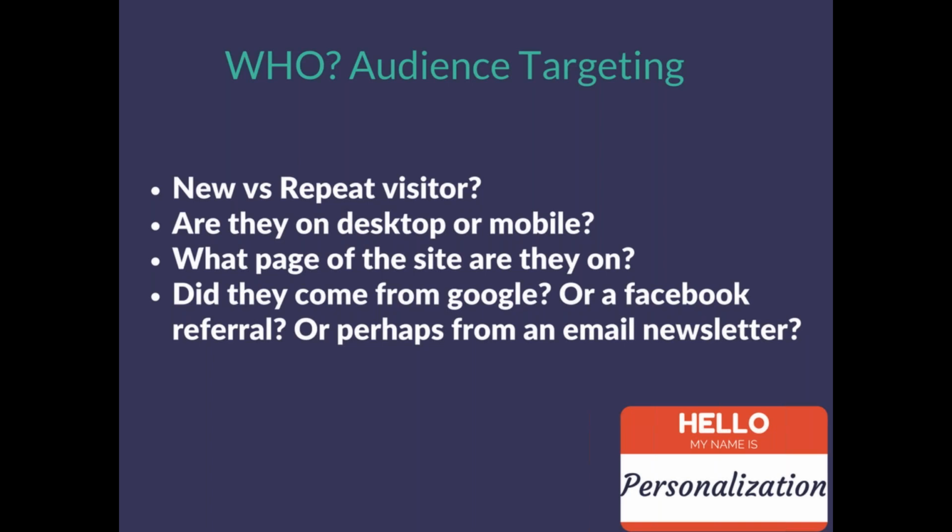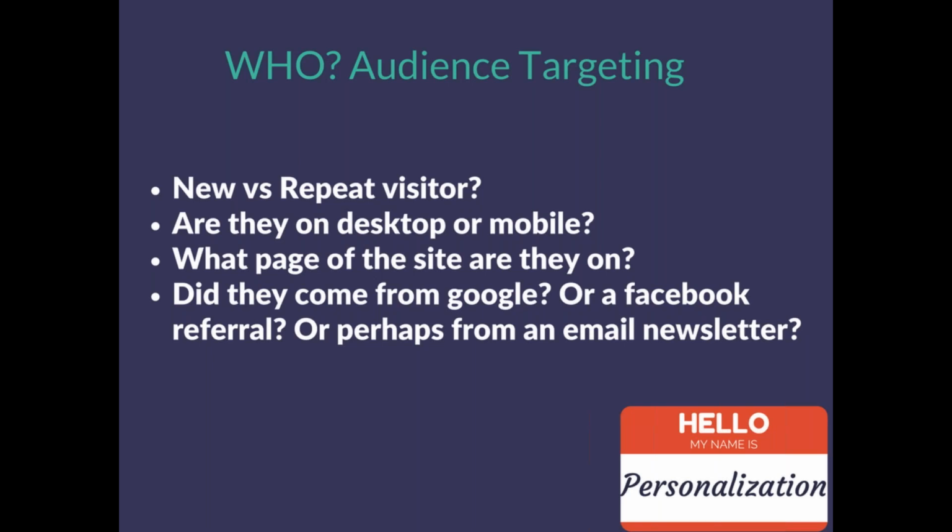Cool. Thanks, everyone. So when you think about who you're going to present an opt-in form to, we speak around the term audience targeting. There's a bunch of questions that you should be thinking about when you're targeting your forms. Things like, is this a new visitor to my site, or have they been here before? Are they on a desktop or mobile device? What page of my site are they looking at? Where did they come from?